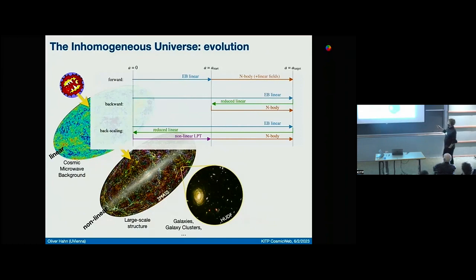Okay, so in some sense there are some problems in how to exactly match these things together. I could probably talk for an hour about this, and you'd get very, very bored. But there's one rigorous way that we think is the right one: we go all the way to today with these Einstein-Boltzmann models, and then we go all the way back with a reduced linear model where we drop all the extra physics, and then we can go forward and get all the non-linearities correctly.